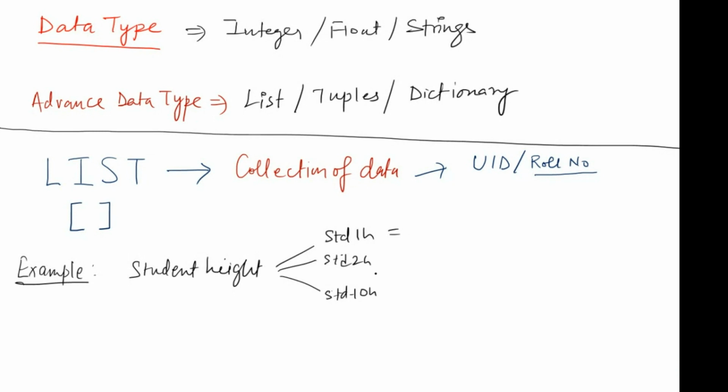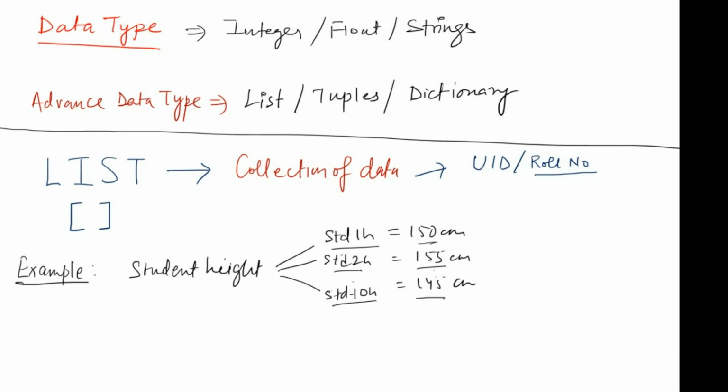Let's say I define 150 centimeters, 155 centimeters, and 145. So I'm defining it individually: student 1 height is 150 centimeters, student 2 height is 155, student 10 height is 145.